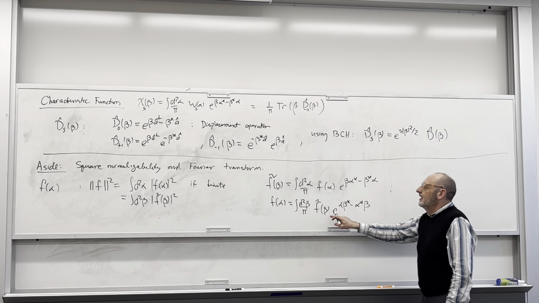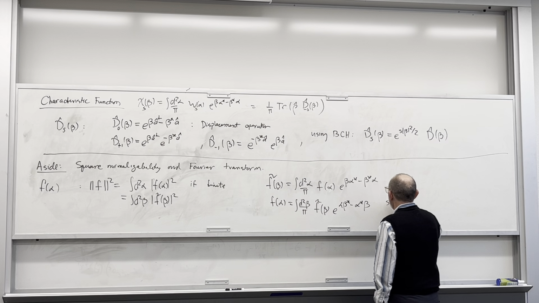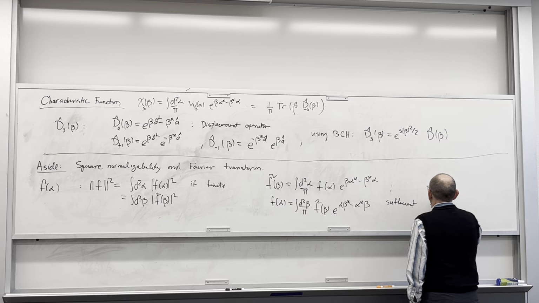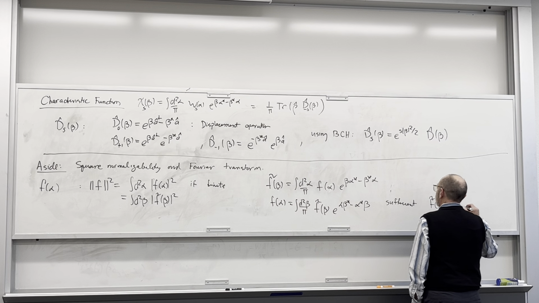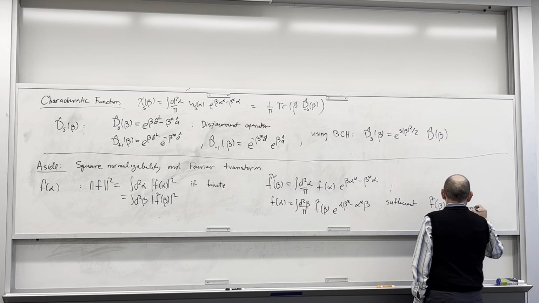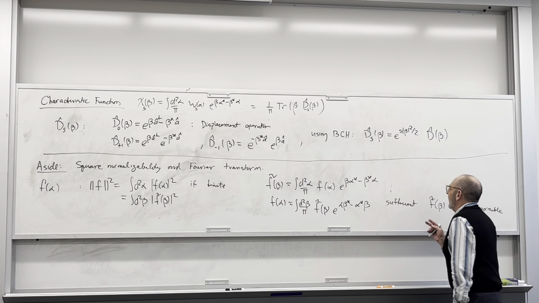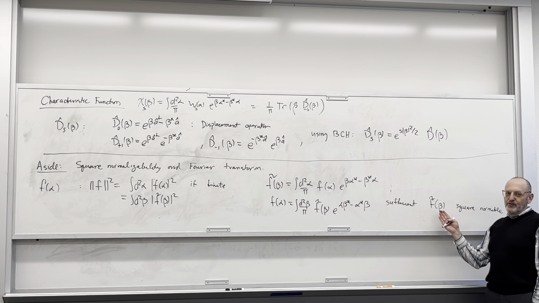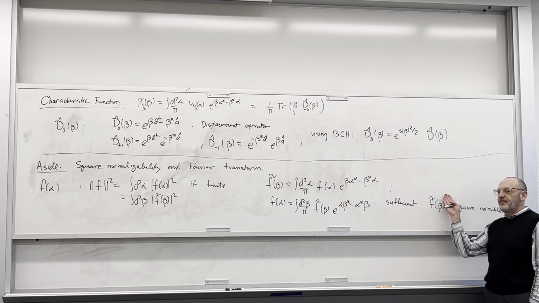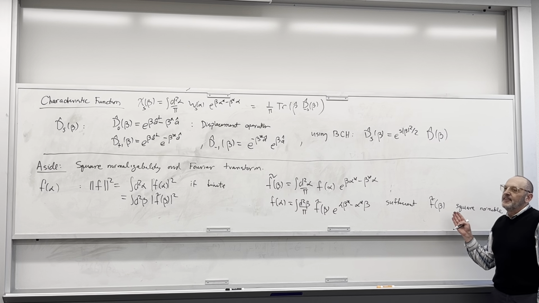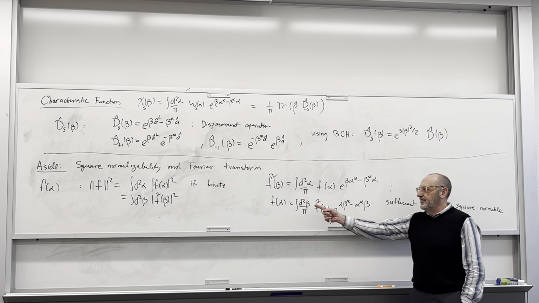so this thing exists, it's sufficient for the Fourier transform to be square normalizable. If my Fourier transform, this function f tilde, is square normalizable, then that is sufficient to say that this thing exists.